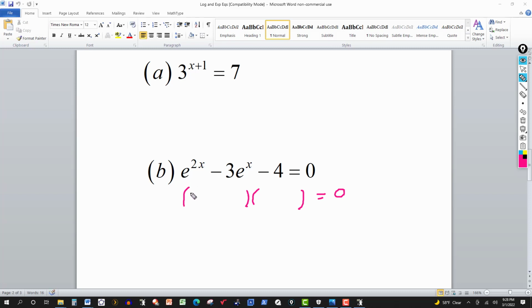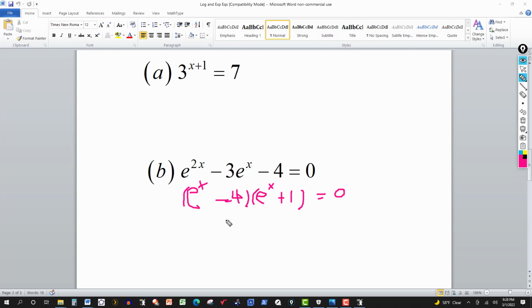So I can write e to the 2x as e to the x times e to the x, and then we want factors of 4. It's like you had x squared minus 3x minus 4. You want factors of minus 4 that give me a minus 3 when we put them in here. Well, we can put a minus 4 and a plus 1. So we get two factors.